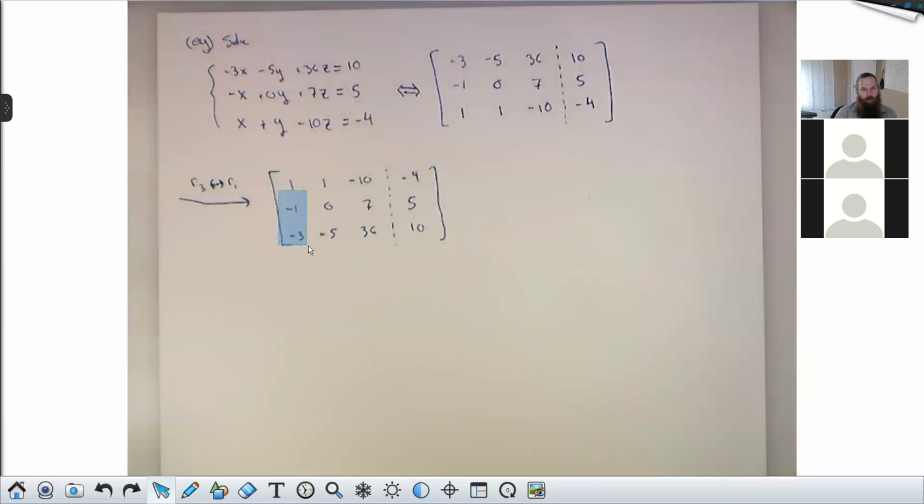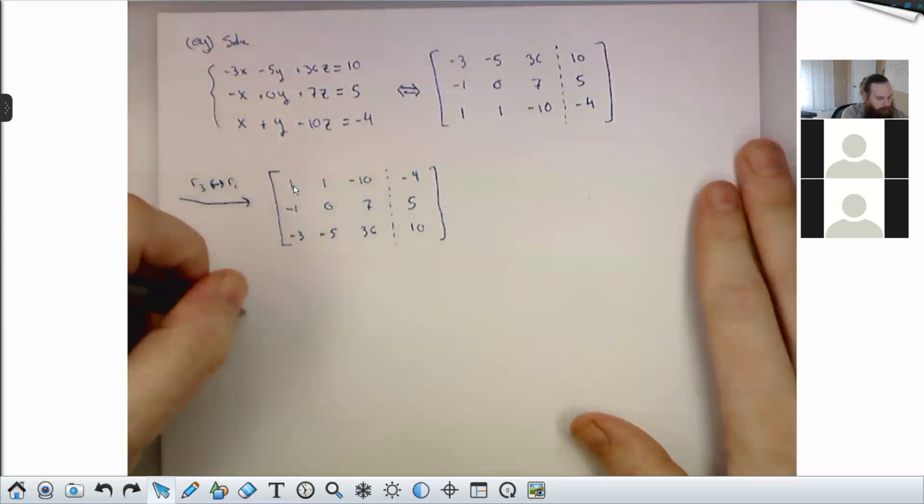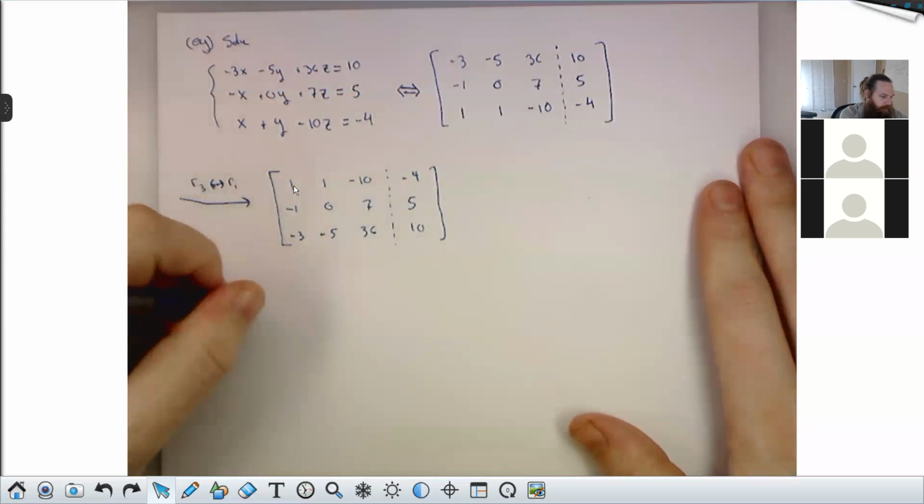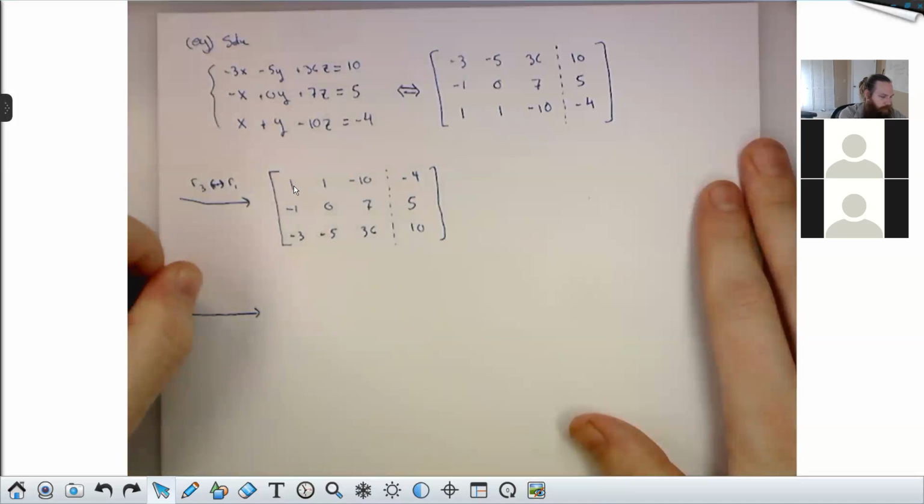So now I want to clear everything out beneath it. To clear this out, I can just add this row to this row, because negative 1 plus positive 1 is 0. So my next row operation, I would say that my new row 2 is old row 1 plus old row 2.